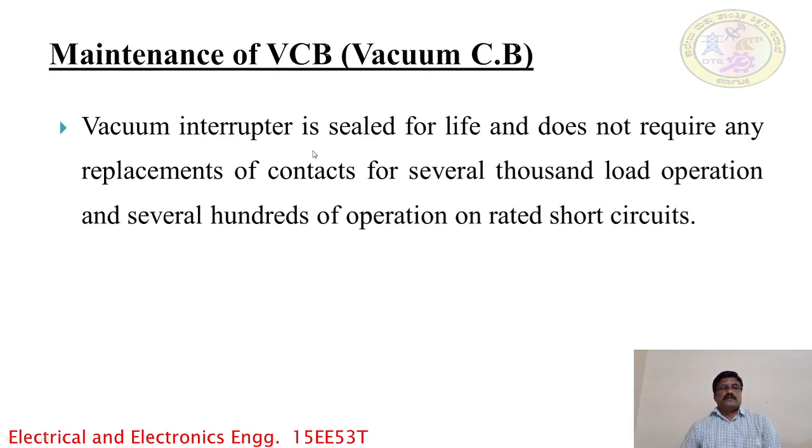The first one is the vacuum interrupter is sealed for life. The vacuum interrupter is the chamber for interrupting in a vacuum circuit breaker, permanently sealed for a long time and does not require any replacement of contacts, either moving contact as well as fixed contact. It is not required for replacement for 1000 load operations and also several hundreds of operations on rated short circuits.